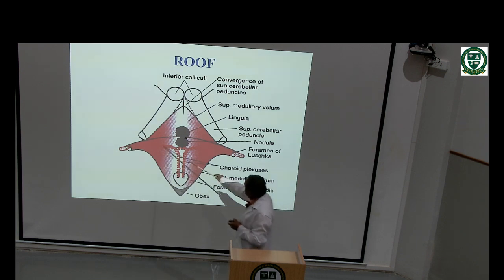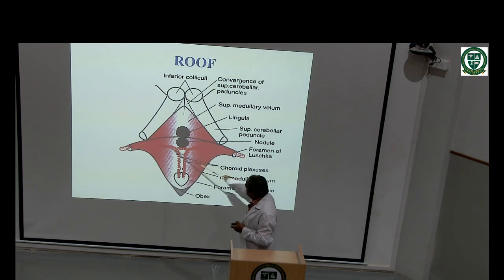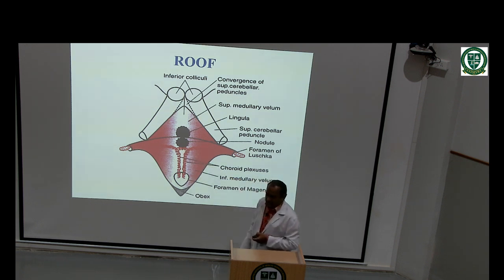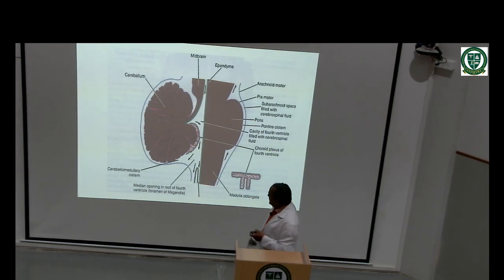And this is the tela choroidea. This is the choroid plexus, which is T-shaped, present in the lower part, just below the roof of the fourth ventricle.